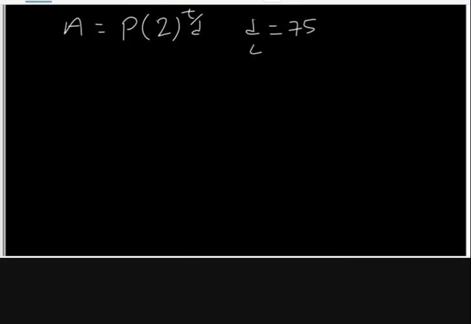Then what is our T? Our T now is going to be equal to the years between 1659 to 1959. So how many years is between 1659 to 1959?